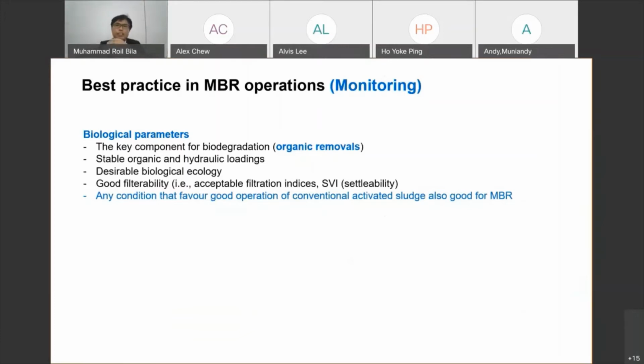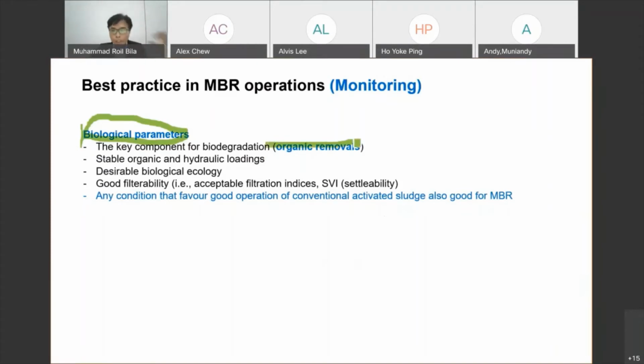So the first thing is that the membrane has little to do with the biology. What it means is the degradation of the pollutants is basically the job of the microbes. So to be able to have a good degradation, we have to take care of the biology. It is responsible for the organic removal.